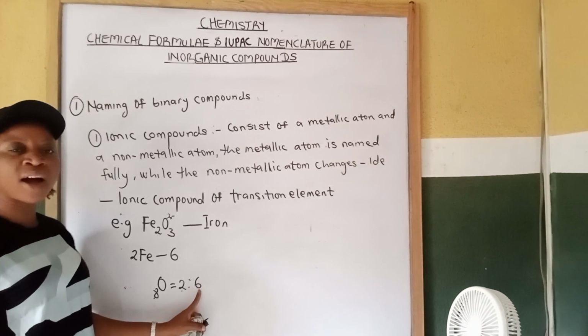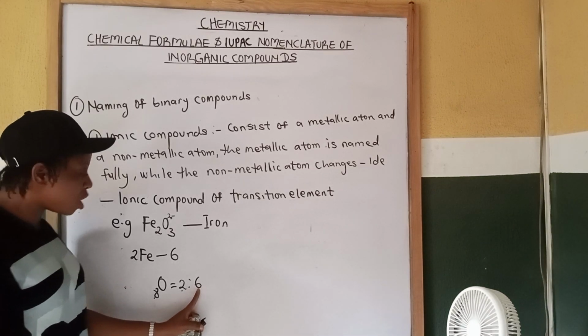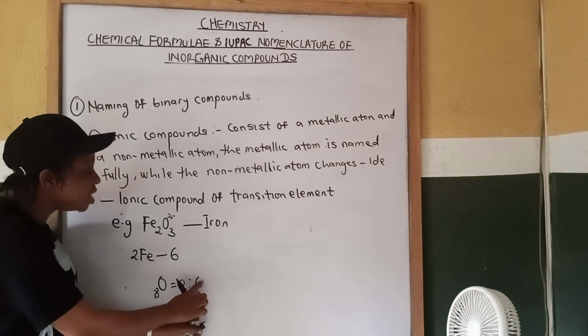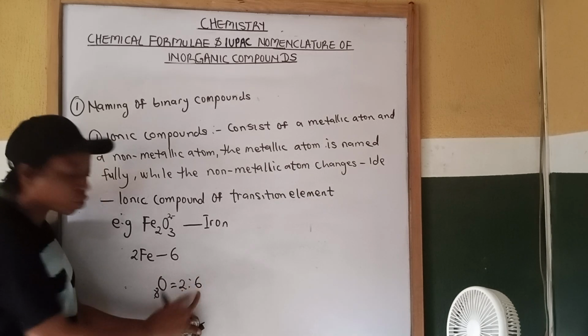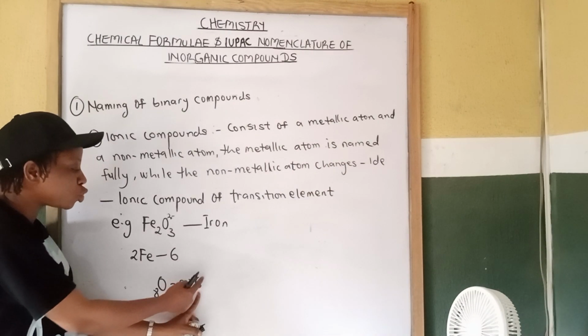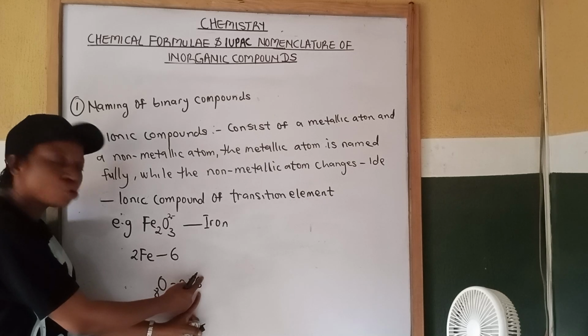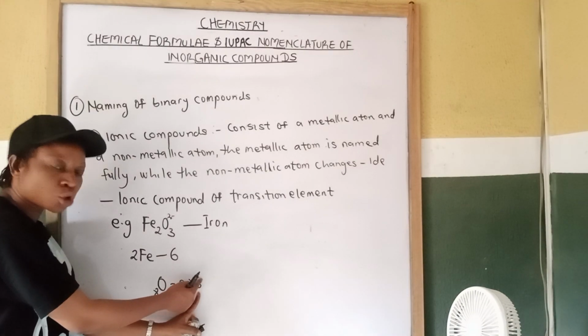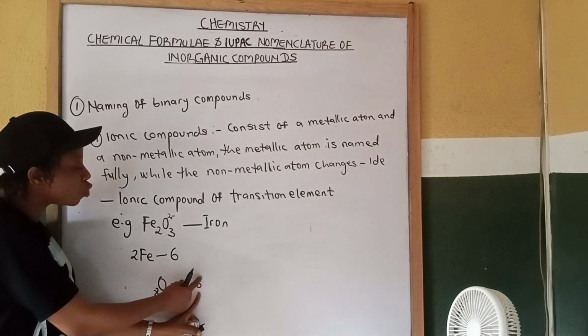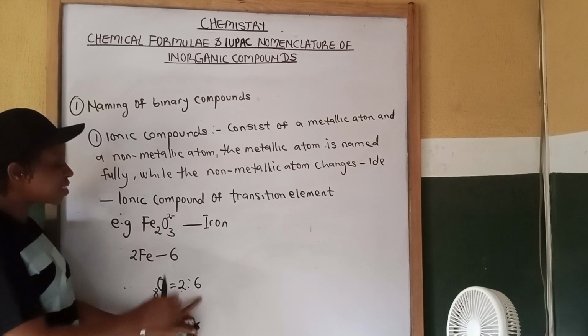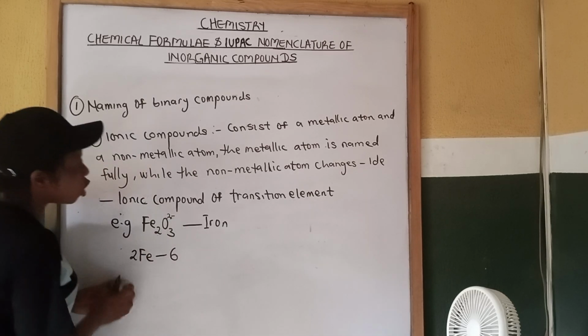So it needs 2 more electrons to balance that octet structure. Therefore, the charge on oxygen is 2 minus. That is how we derive the charge on oxygen.